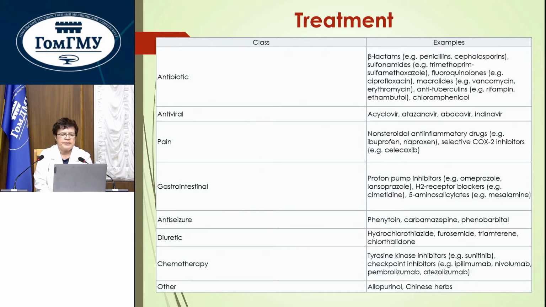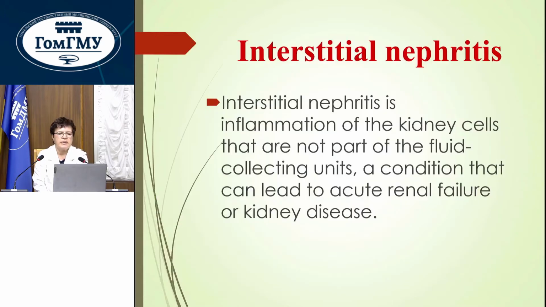It is drugs to treat gastrointestinal function, proton pump inhibitors, for example. It is diuretics if it's necessary according to the indications. Sometimes it's chemotherapy. Sometimes the other drugs, for example, allopurinol. But in the first place are antibiotics and antiviral drugs.